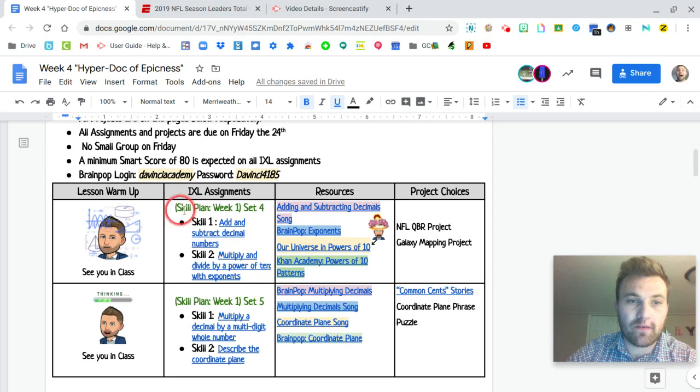We're still in week 1 of our skill plan, set 4. There are 2 skills in that set: adding and subtracting decimal numbers, and multiplying and dividing by powers of 10 with exponents.